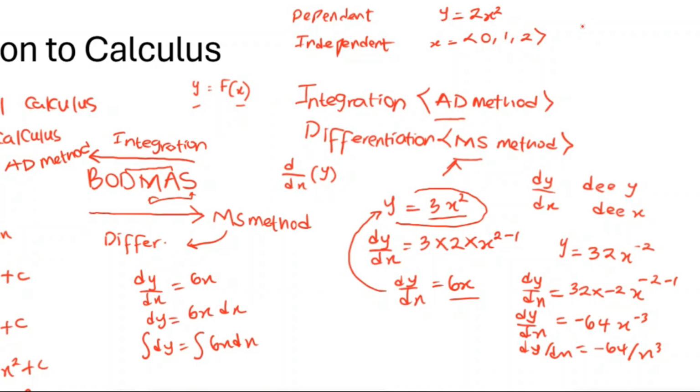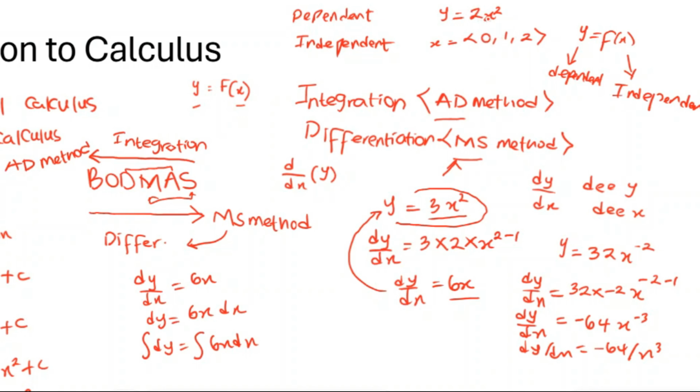So it means that if you have y is equal to f of x, y represents the dependent variable, while x represents the independent variable. So for here, x, these are the values, these are the numbers that are independent, they are the slotted data.